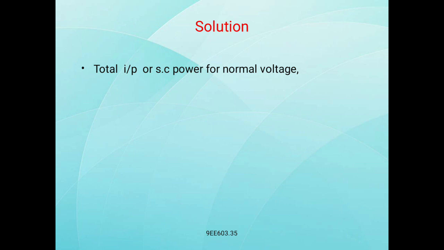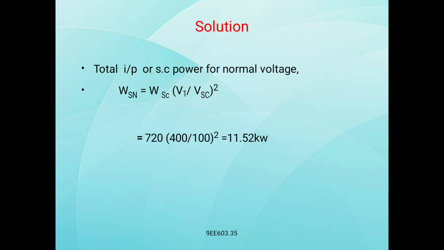Total input or SC power for normal voltage, WSN is equal to WSC into V1 by VSC whole square, 720 into 400 by 100 square, that is 11.52 kilowatts. Now current scale is 1 centimeter is equal to 2 amps.